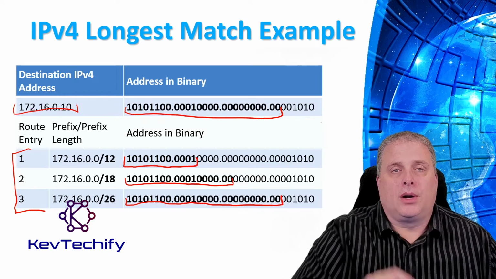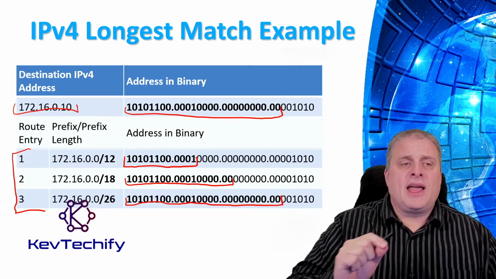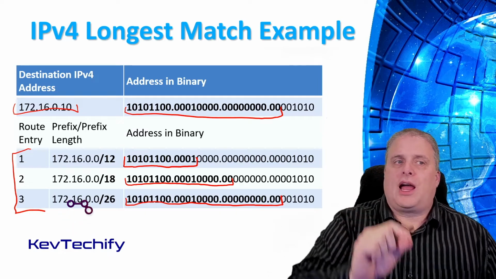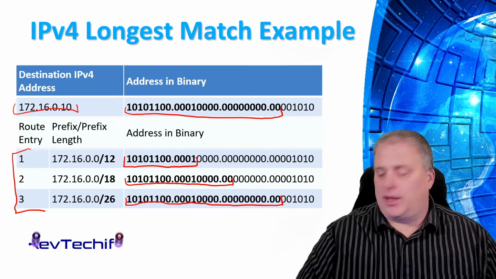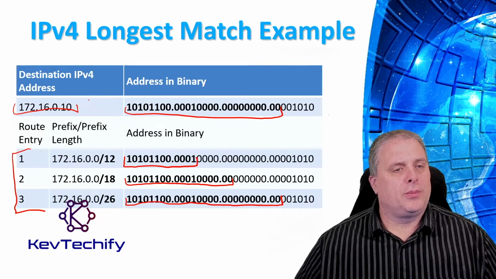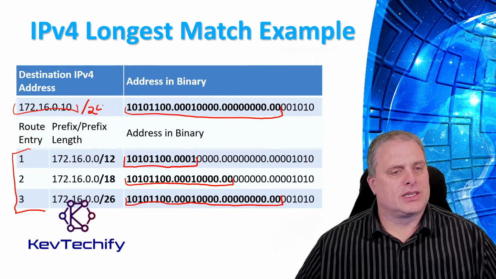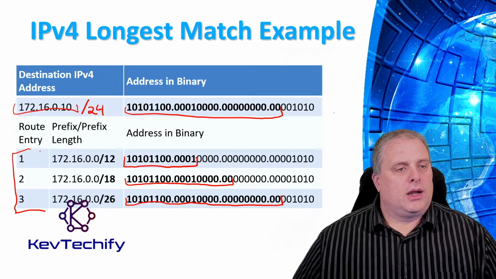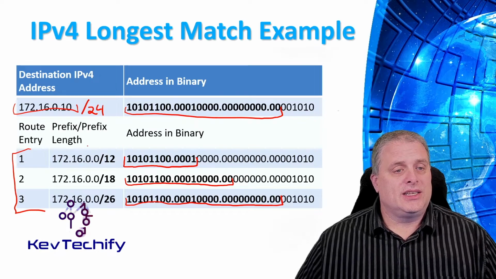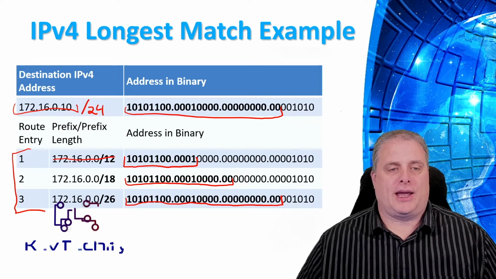Now, remember also that it has to be at least the prefix long. So for IPv4, it has to be at least the subnet. This IP address here didn't specify the subnet, but let's say we put in a /24 as the subnet. When we look at our routing entries, this /12 is less than that, so we couldn't even use it because it's smaller.